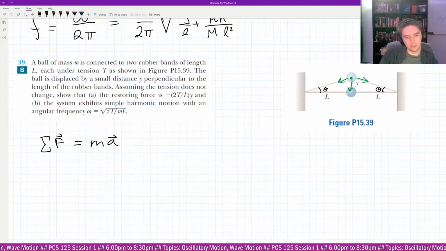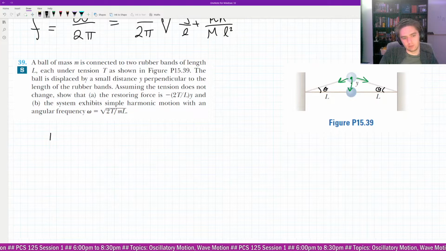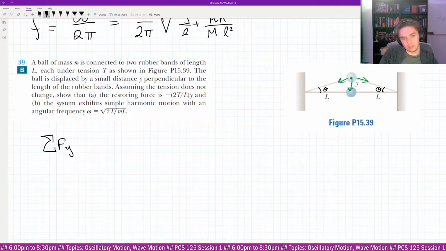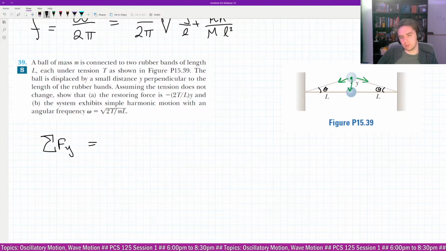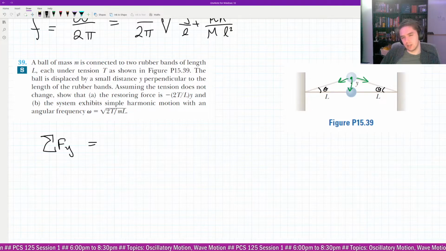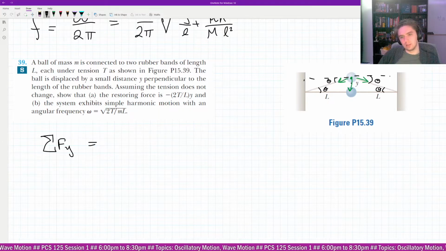I guess I could do the sum of the forces in the y direction. Not equal to MA, just what is the sum of the forces in the y direction? Does that even make sense? Would the tension not change? No, the tension would change. Okay, anyways, that's theta as well.